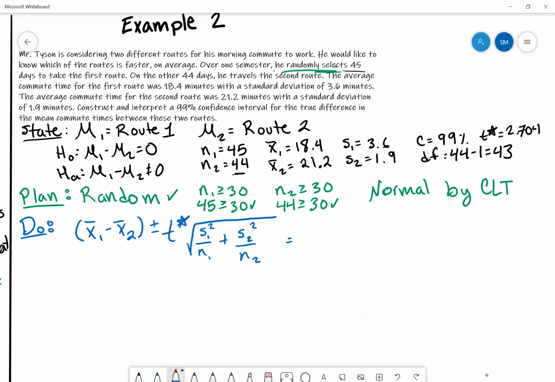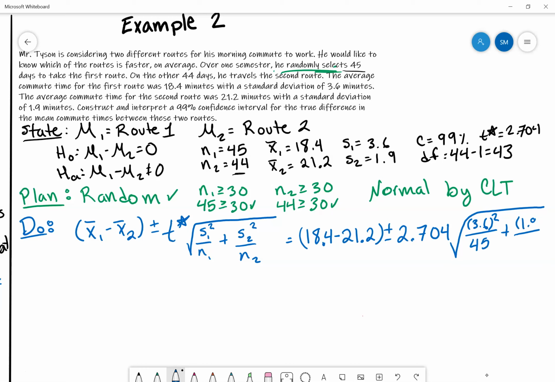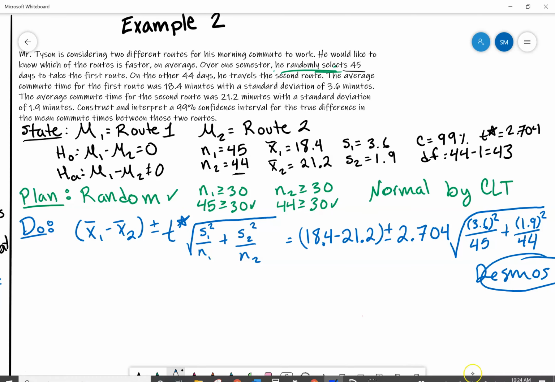We have x bar sub 1, 18.4, minus x bar sub 2, 21.2, plus and minus t star, 2.704, times the square root of 3.6 squared over 45 plus 1.9 squared over 44. And again, we're going to plug this into Desmos so we can get our answer.